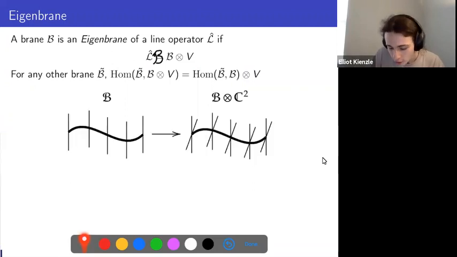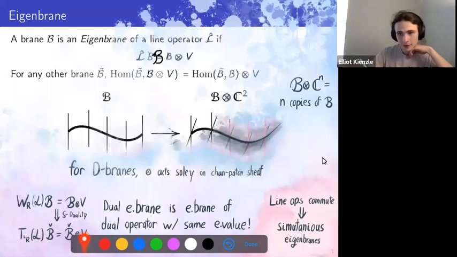But there's a much more concrete, geometric characterization, right? So let's consider D-branes. A D-brane corresponds to a submanifold here with some Chan-Paton vector bundle over it. And the action of the tensor product acts solely on the Chan-Paton sheaf.